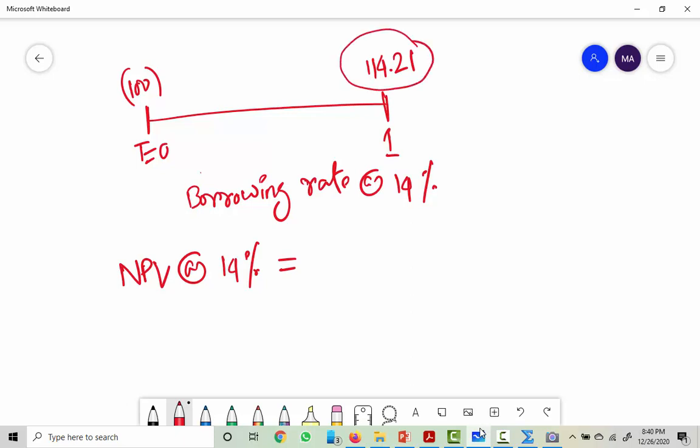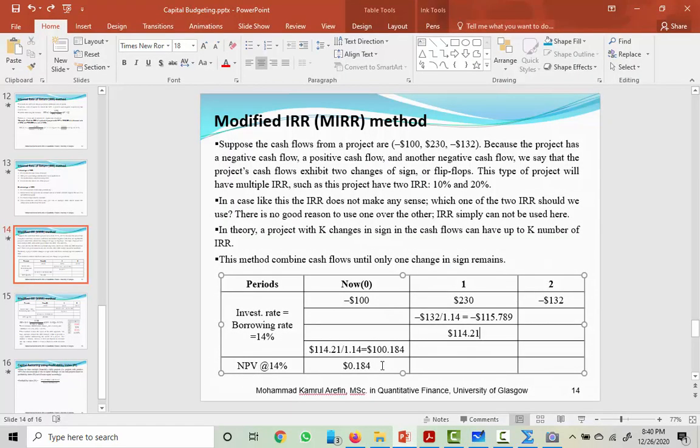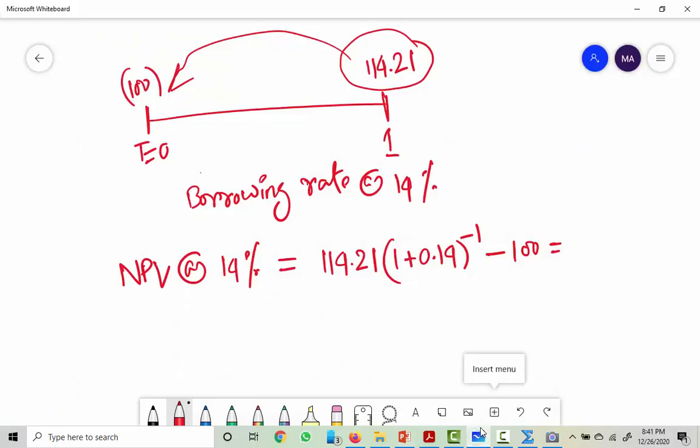We need to calculate the present value of this at period 0, right? So that means 114.21 multiplied by (1 plus r), which is 14%, to the power minus 1, and from that we deduct the initial investment. If you do this calculation, you will see that NPV will be 0.184.